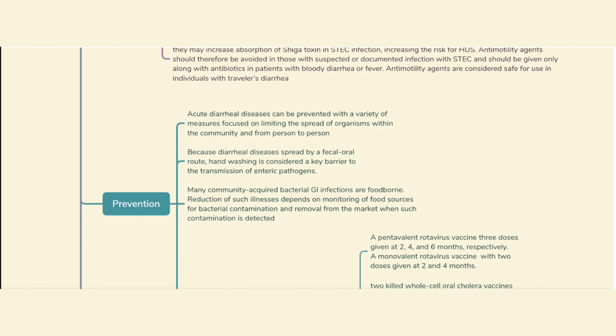And now prevention. The mainstay of prevention is limiting the spread of the organism within the community or from person to person. And since it is fecal-oral and the only route between feces and the mouth is hands, usually washing hands is more than enough as prevention.